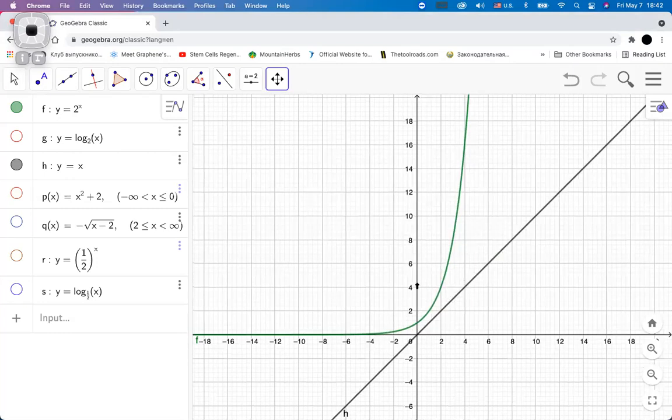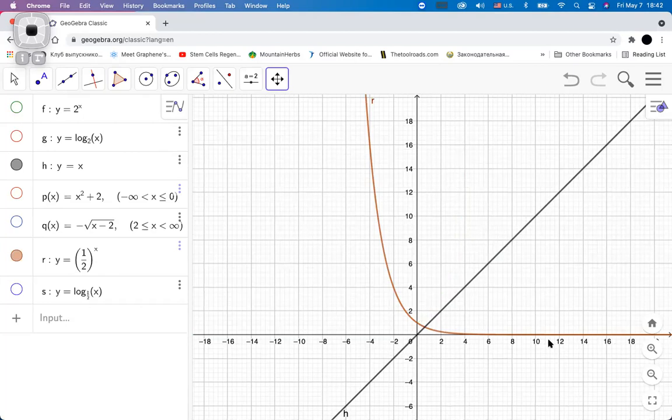So here it is. Let's get the other one. Here it is. The base is 1/2. So base a is between 0 and 1. The graph is decreasing. As you see, when x moves from left to right, it's decreasing. It approaches the x-axis. It does not touch.